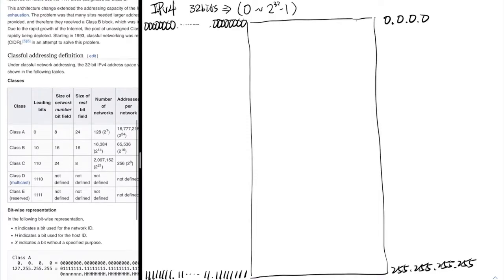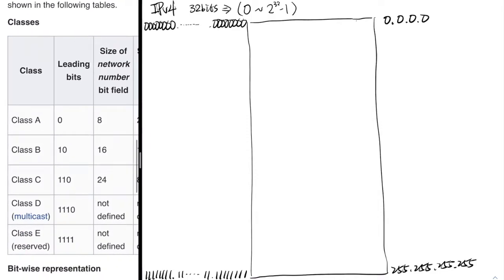For example, right here. Let's take a look at the first row, class A. It takes half of the IP addresses, so we draw a line right here. This line divides the IP address spectrum into two halves.